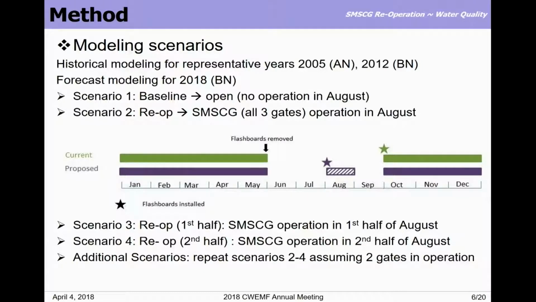And from DES's request we're also going to run a few additional scenarios, like operating the gate for only half the time. And from their plan, actually, there are 3 radial gates. From their plan this summer, they have 1 gate under refurbishment maintenance. So we also show a little bit about how this will influence the whole project.